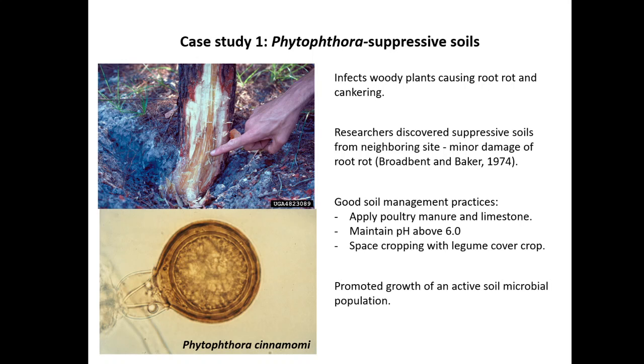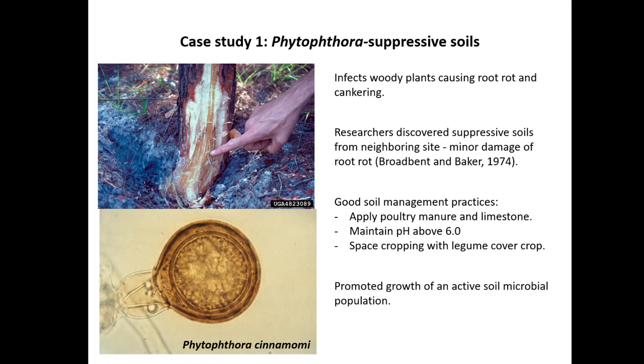This effect suggests that spore forming bacteria and actinomycetes were the biological antagonists acting against the Phytophthora fungal pathogen. Of course, no single organism was capable of suppressing the fungal pathogen, which led the researchers to conclude that the control mechanism was general suppression. So this is the first case study on the Phytophthora suppressive soils.